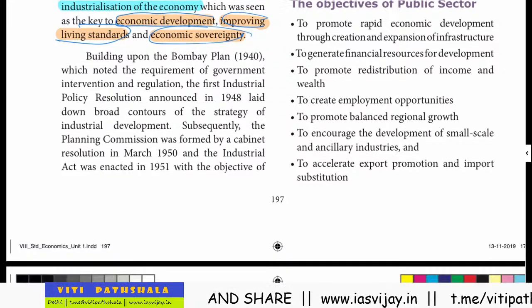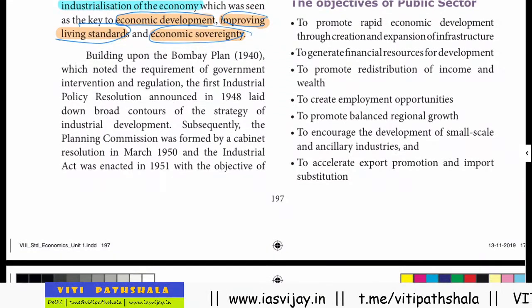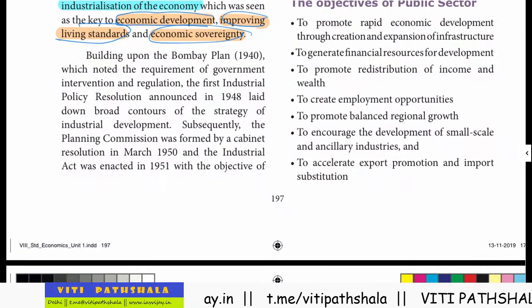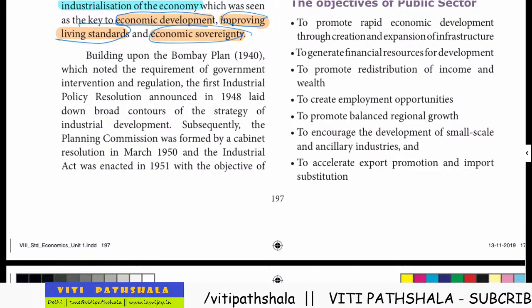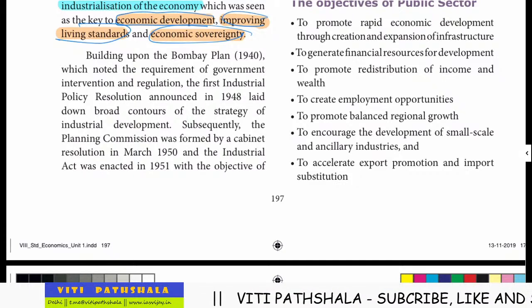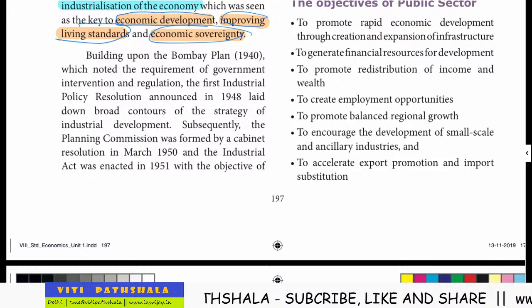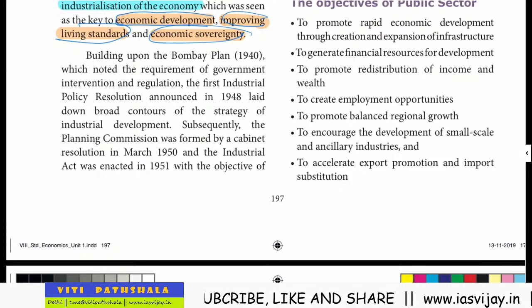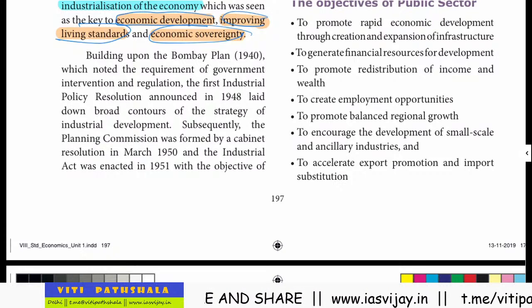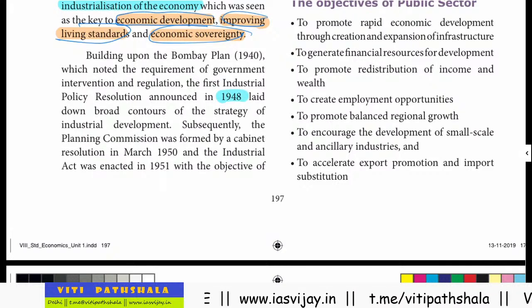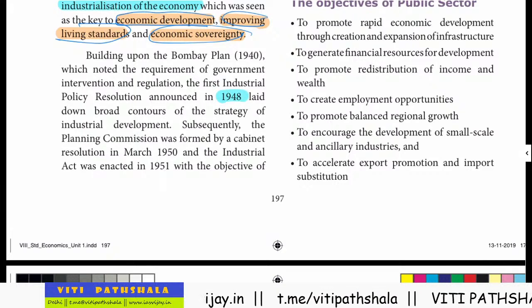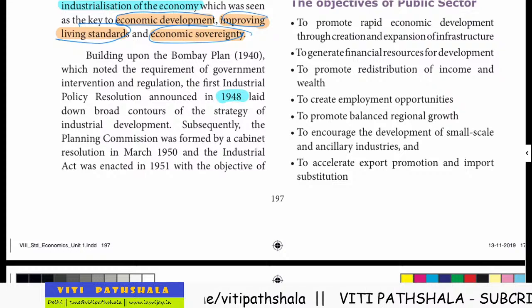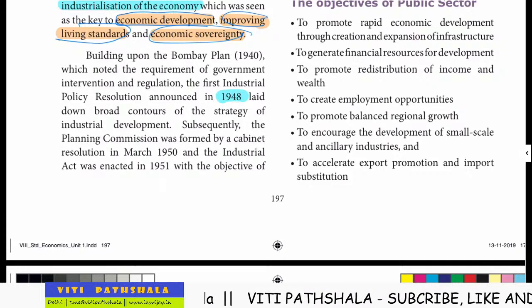Building upon the Bombay Plan, which noted the requirement of government intervention and regulation, the first Industrial Policy Resolution was announced in 1948. It laid down the broad contours of the strategy of industrial development.